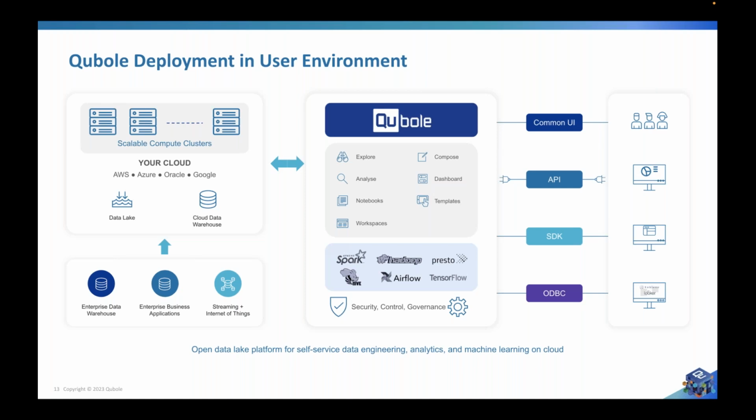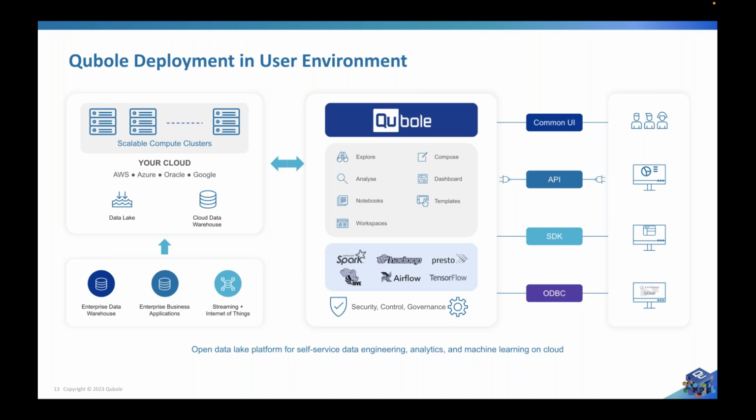Your enterprise business applications like your ERP, your Salesforce, or any of those. Then your streaming, plus IoT, Internet of Things. In today's world, EVs and connected cars and connected vehicles are becoming a de facto, and a lot of data is collected via streaming.